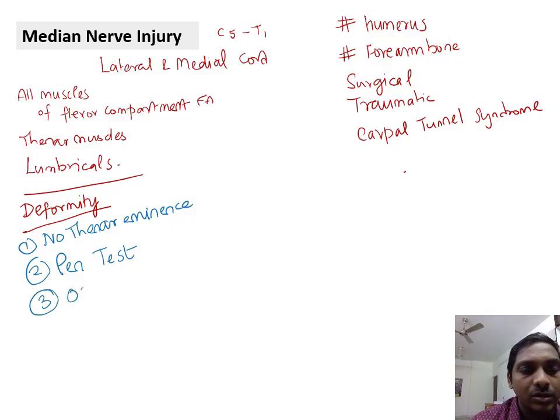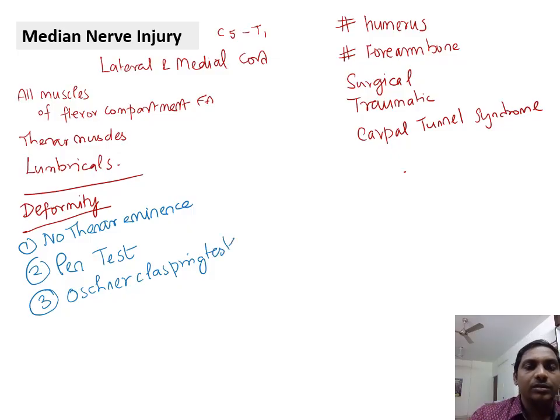Then, Ochsner's clasping test. When the median nerve gets injured, the flexor digitorum profundus, that is responsible for flexion of the terminal phalanx, and the flexor digitorum superficialis, that is responsible for flexion at the proximal interphalangeal joint, are affected. So this is not possible for these two fingers. When you clasp, this is the normal clasp, but in median nerve injury these two fingers cannot be flexed, so it will be like this.